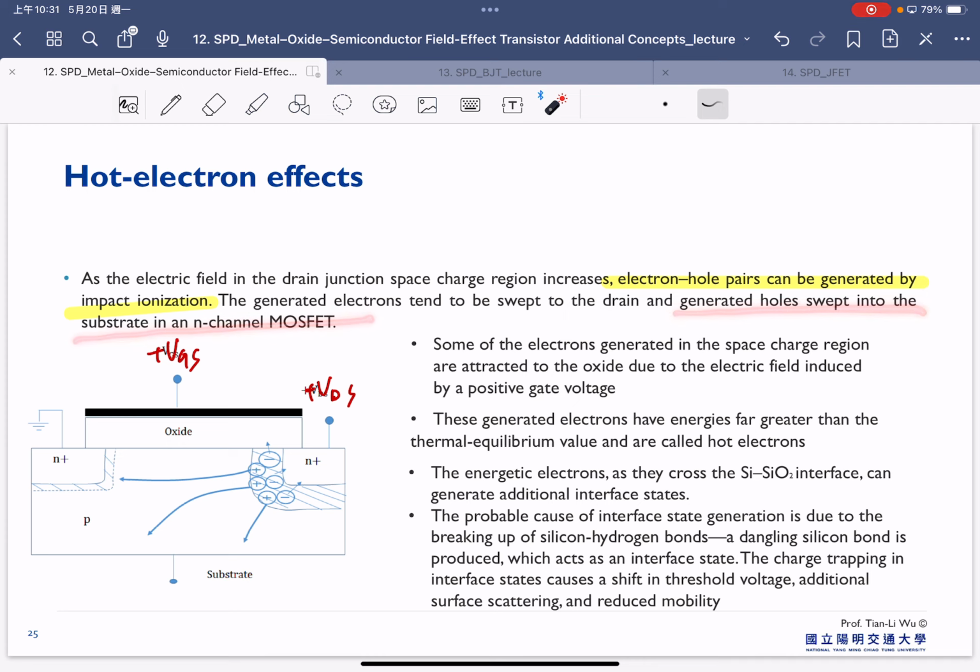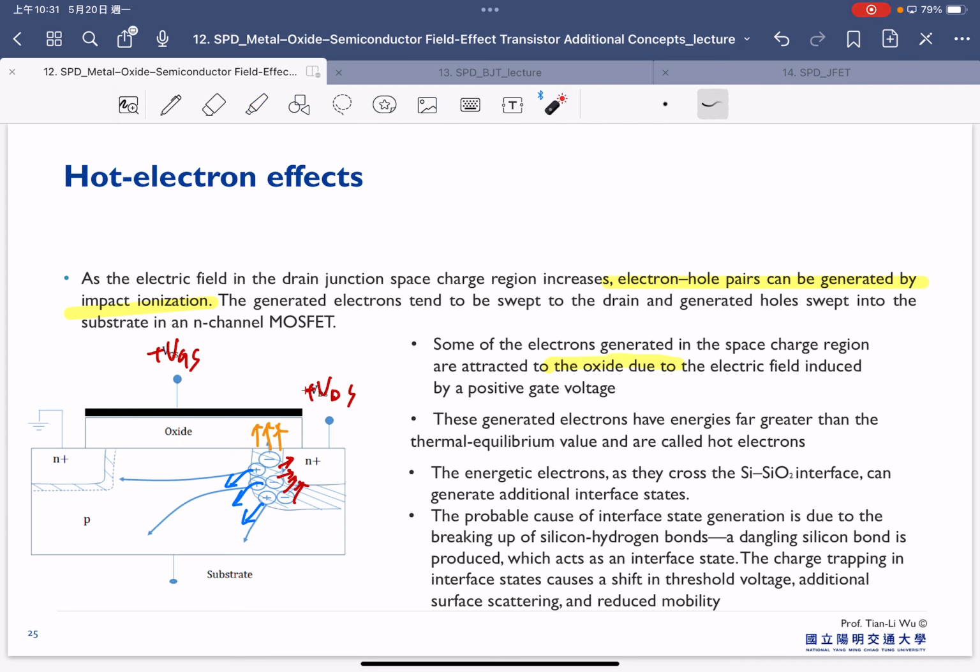So this electron can be swept to the drain, or this hole can be swept to the substrate. But some of the electrons generated in the space charge region are attracted to the oxide, because right now we apply the VGS. So therefore, some of these can be attracted to the gate side here.